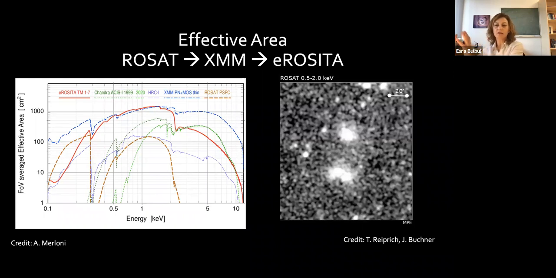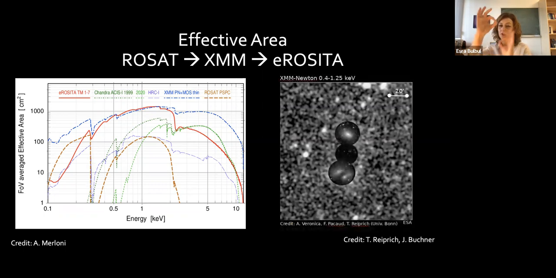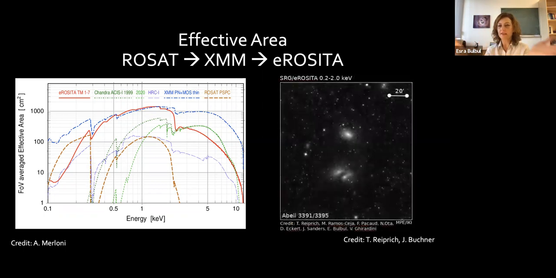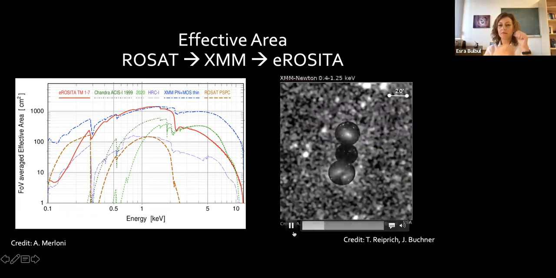And then eROSITA will come along in this video, and it will show you 30 years of advancement in X-ray telescope technology in Europe. So this is ROSAT, and you can see the XMM-Newton and small field of view, and this is what we got with eROSITA. It is remarkable.